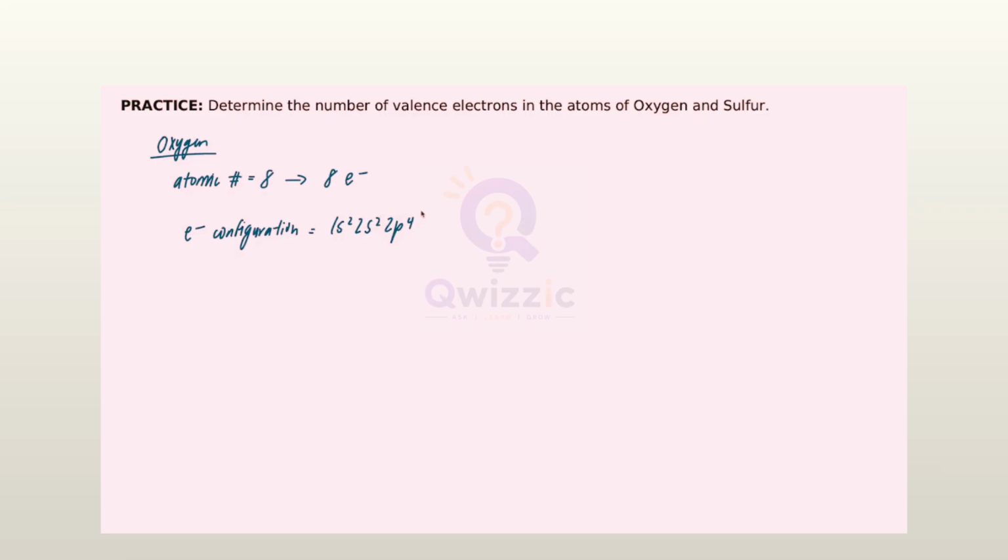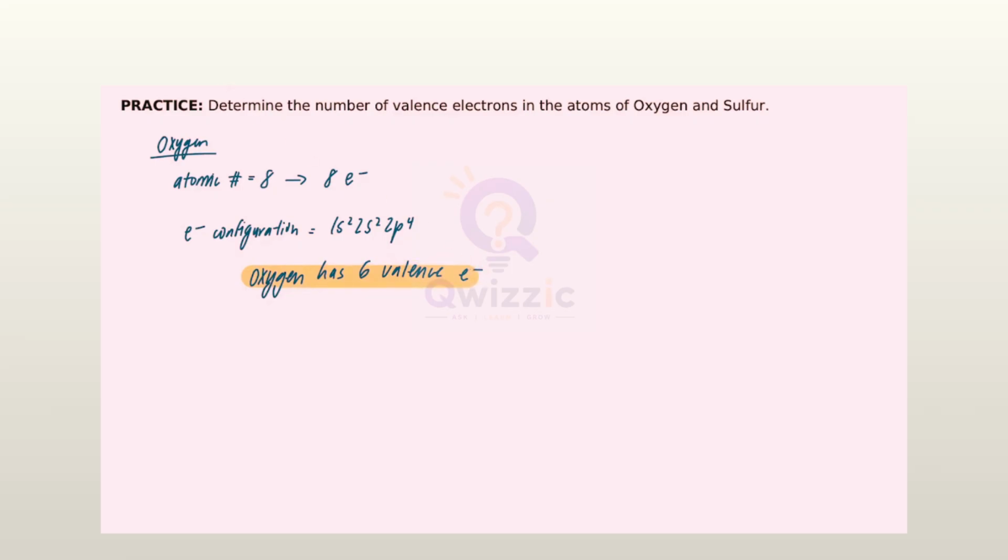Hence, the number of valence electrons in oxygen is going to be 6. So that's going to be one of my answers for this problem.